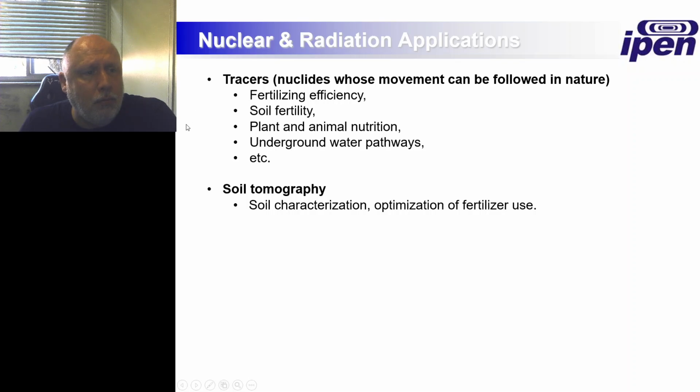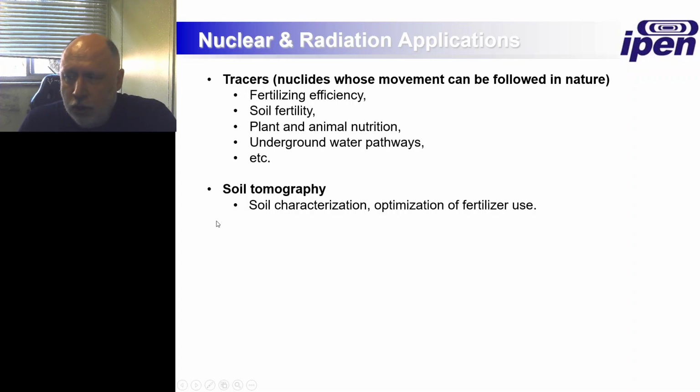You can, for instance, understand plant and animal nutrition, underground water pathways, and all of these only talking about agriculture. When we go to industry, there's the same thing that we can do with underground water pathways. We can do with any type of tubes, for instance, oil pipes. Another thing we do a lot is soil tomography.